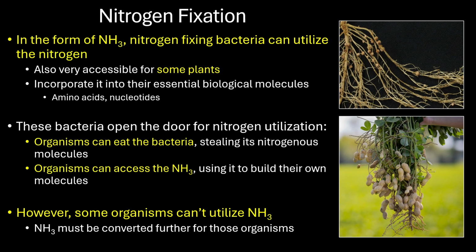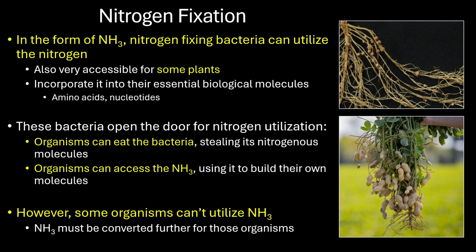Some other organisms can eat those bacteria, stealing those molecules that have lots of nitrogen in them. Other organisms can access those ammonia molecules using that to build their own resources. They don't just have to utilize the organic molecules the bacteria make. They could also utilize just the ammonia itself.